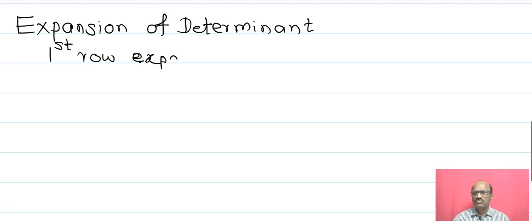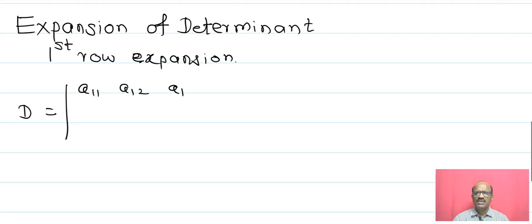Means what? We'll expand this determinant by using the first row. Now see this. That is, capital D is equal to A11, A12, A13, A21, A22, A23, and third row A31, A32, and A33.